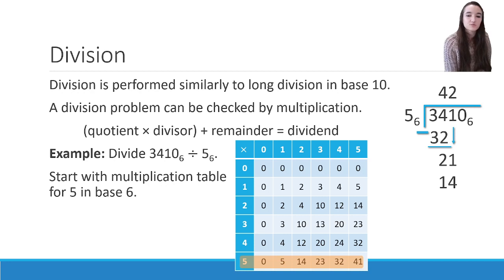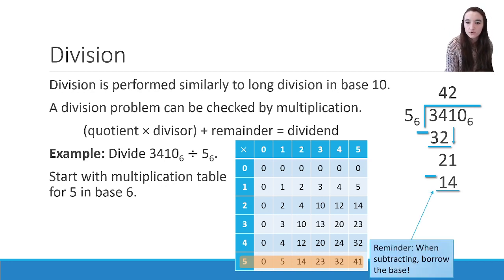So when I do that subtraction, I have to remember to borrow 6. So 1 minus 4 doesn't work. I'm not going to make this into an 11. I'm going to knock this down to a 1 and add 6 to the 1. So 1 plus 6 is 7. 7 minus 4 is 3. And now 1 minus 1 is 0. So we get 3, and I carry down the 0 from the top, and I repeat.